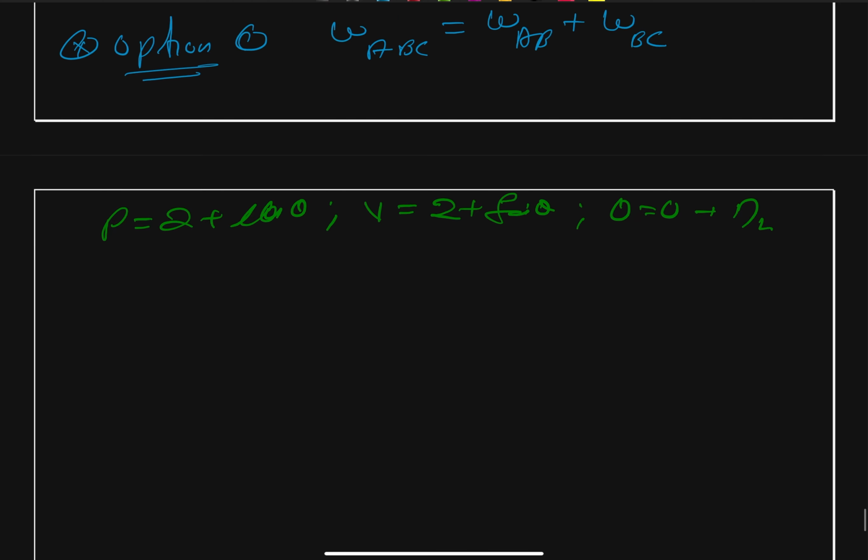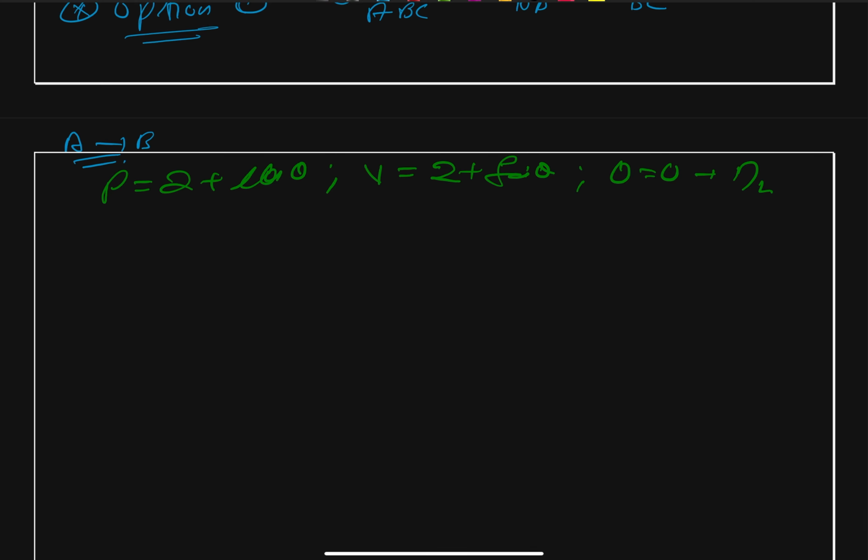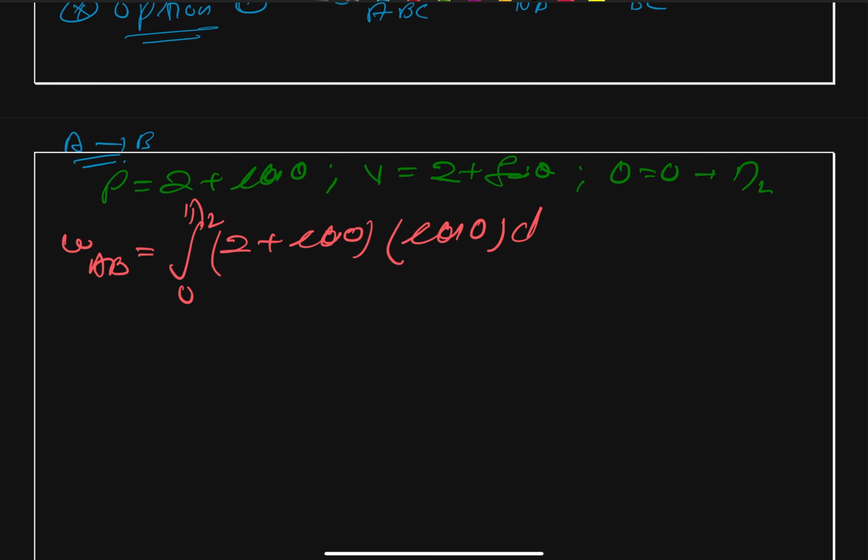This is for AB, A to B, and we can write that our work done AB will be equal to the integral from 0 to pi by 2 of 2 plus cos of theta, and the derivative of this will be cos of theta d theta, and this comes approximately equal to 2.785.